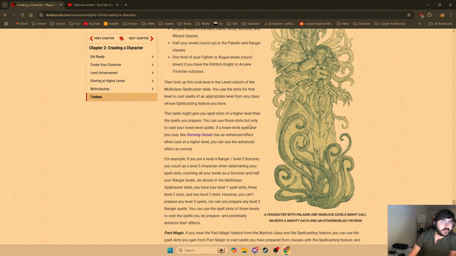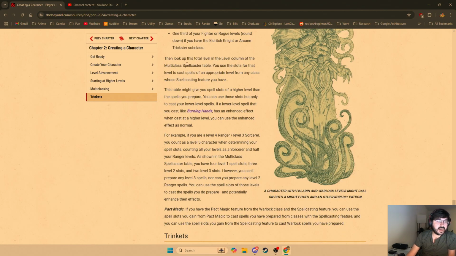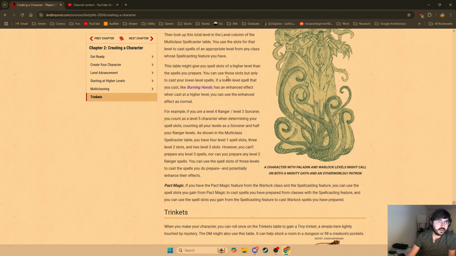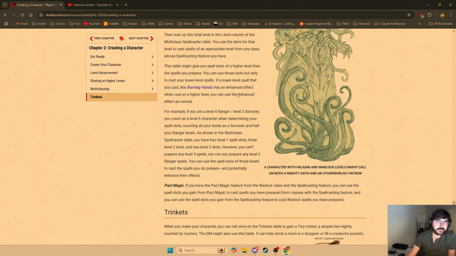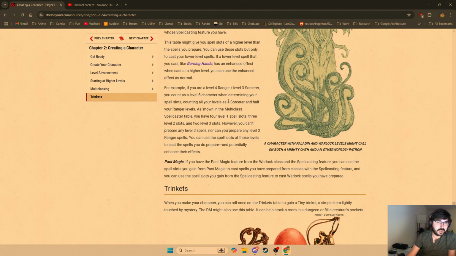This is talking about where your individual magic comes from. The table might give you spell slots of a higher level than the spells you prepare. You can use those spell slots, but only to cast lower level spells. So just keep that in mind.